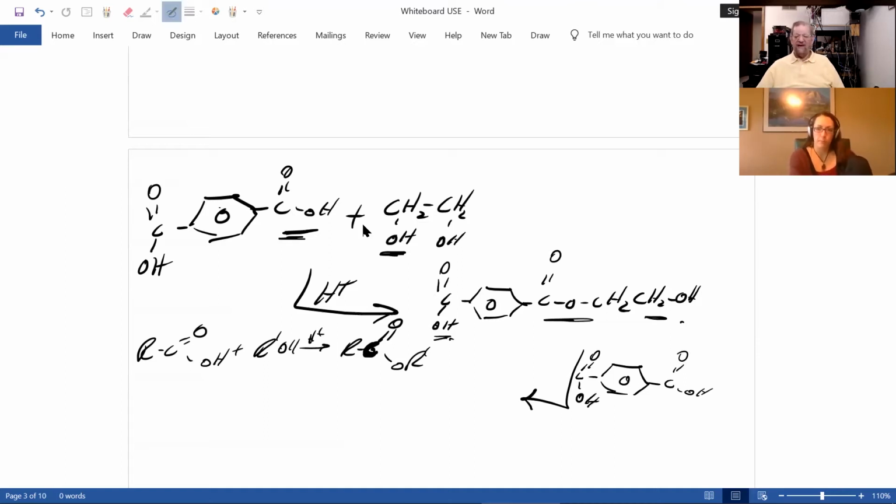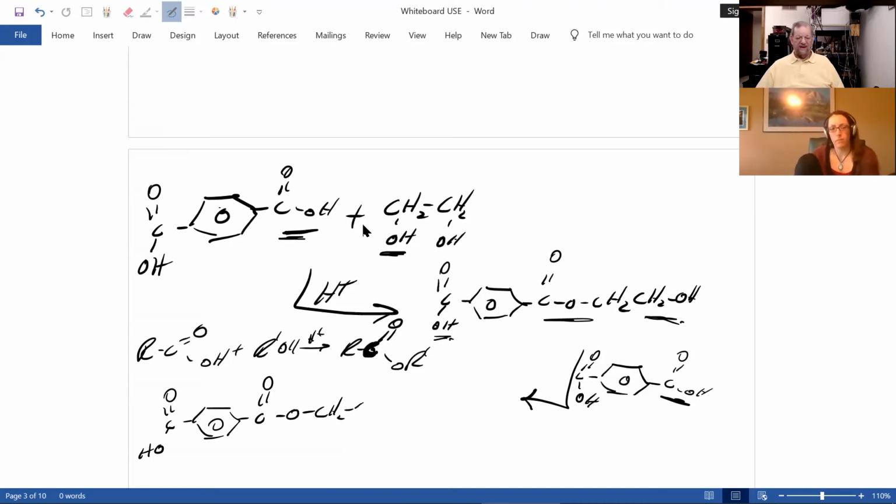And now, here I have a carboxylic acid, I have an alcohol, and what I'll get is this molecule.